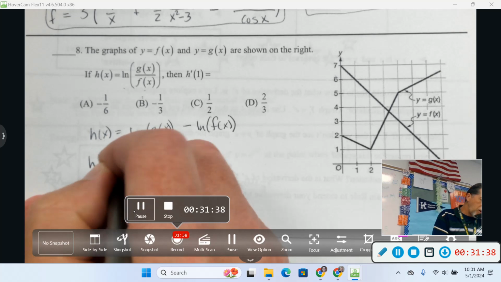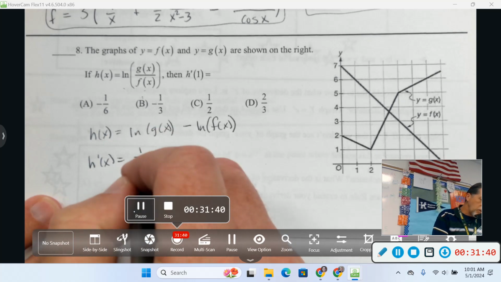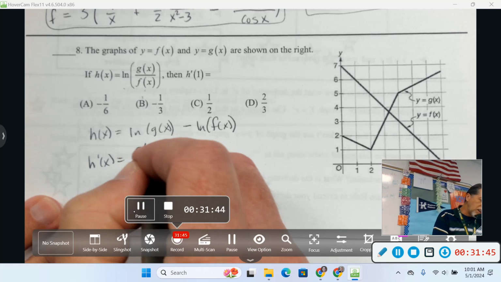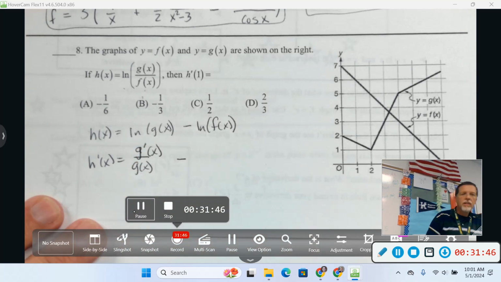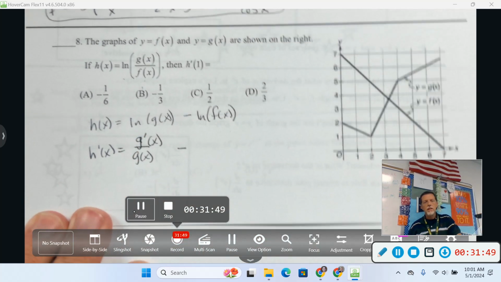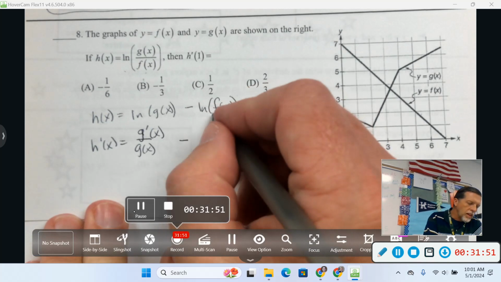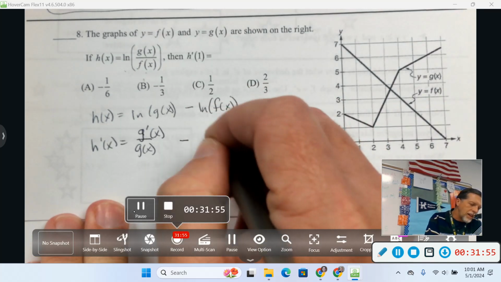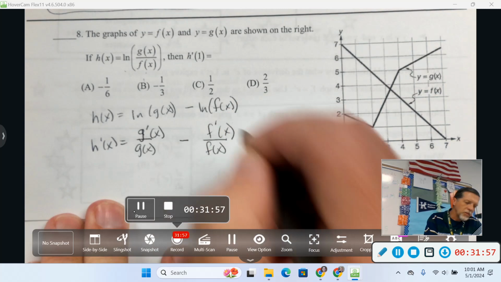So h prime is 1 over g of x times the derivative of g, so g prime of x, minus f of x in the bottom, and then f prime in the top from the chain rule.